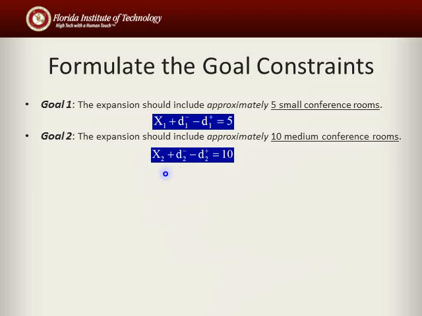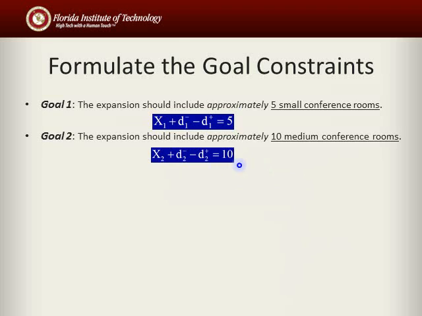So this is the function being used for representing the goal to include approximately 10 meeting conference size rooms. It's going to be x2 plus d2 minus, minus d2 plus, equal to 10 because that's our goal. Again, this d2 minus is going to be the number of deviational units under that target value of 10.